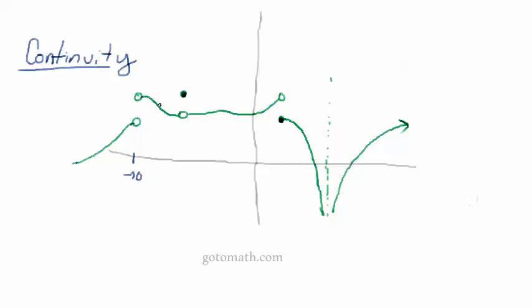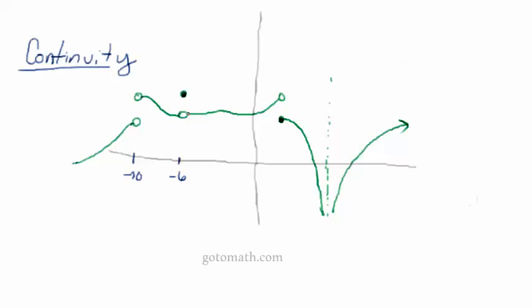So I'm following the line right here. Now, there's a hole here, or a missing point. I've over exaggerated this, obviously. But once again, if I've got to pick up my pencil to get to the other side, then it's not continuous. We'll say this is -6 right here, so it's not continuous at -6.